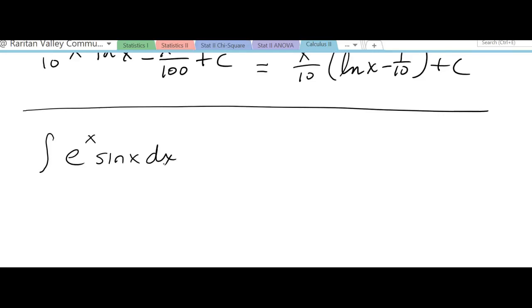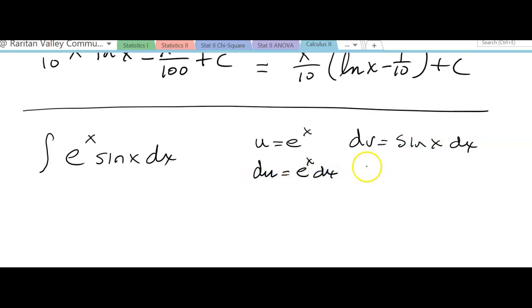How you want to do it, we're just going to go ahead and let u equal e to the x and dv equals sine x dx. So real quick, du is e to the x dx. And v is the integral of sine x, so that's negative cosine x.